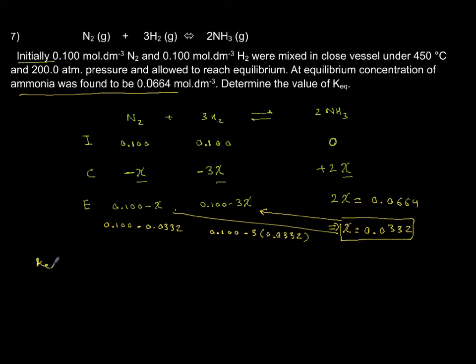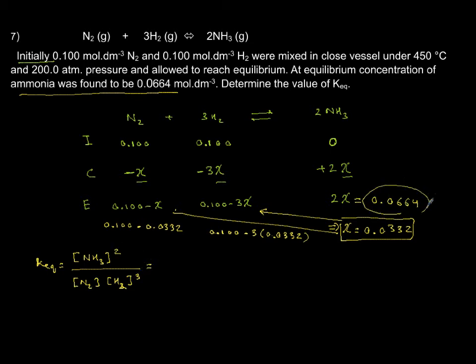K equilibrium is equal to product, which is ammonia squared, over reactants, which is nitrogen times hydrogen to the power 3. Let's just put in values.